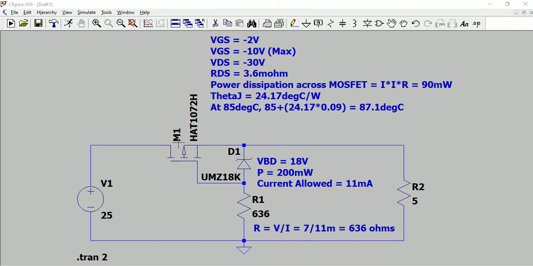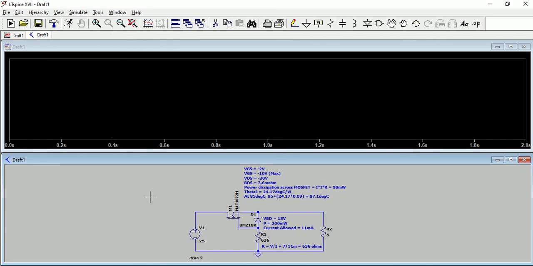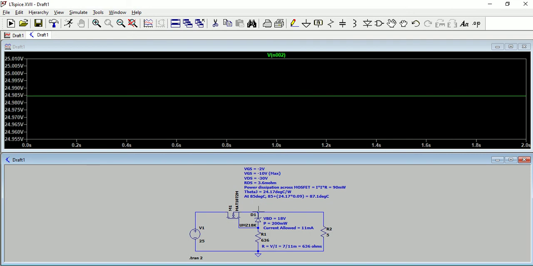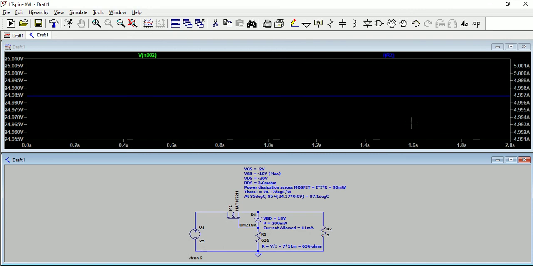So one is MOSFET selection, second one is Zener diode voltage and current calculation, and third thing is resistor calculation. So if you see the circuit, let us probe, we are simulating here. If you probe the voltage here, you can see it is 25 volts, and then if you see the current through this, it is 5 amps at a maximum.